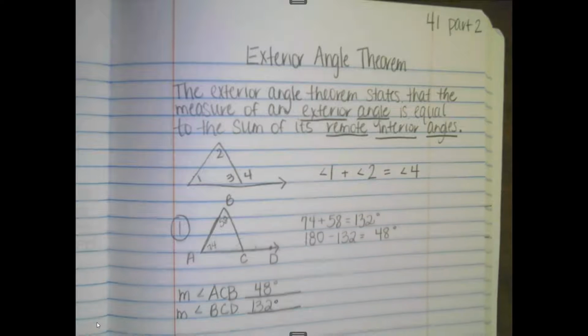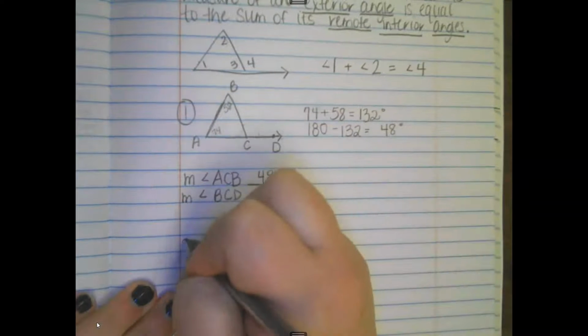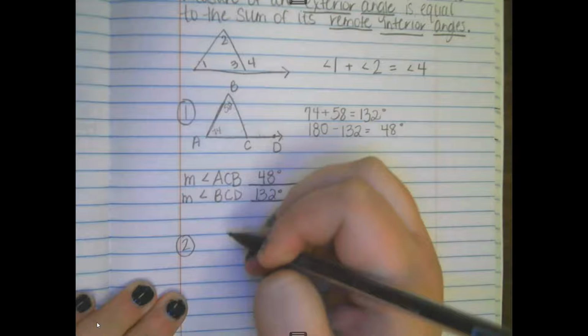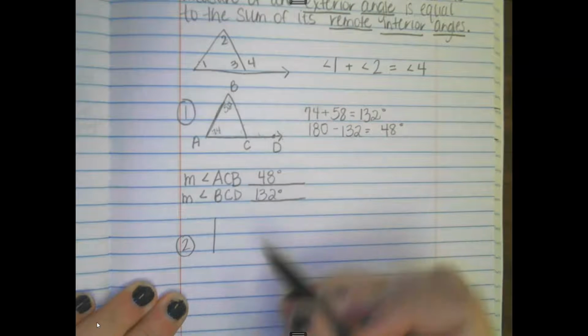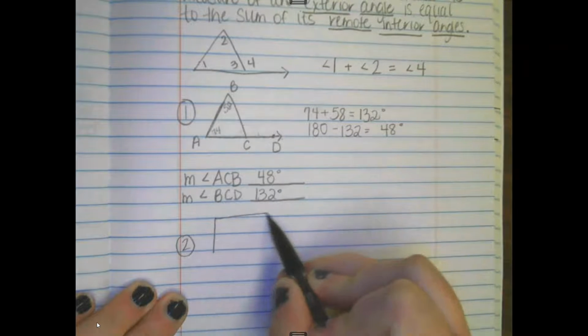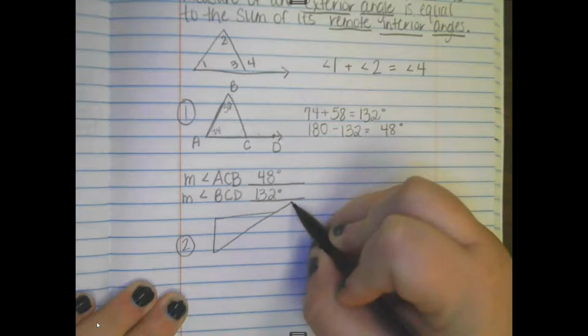All right, so let's look at another example. So you're going to draw a straight line here. Go a little bit up there. And then we're going to extend that line out.